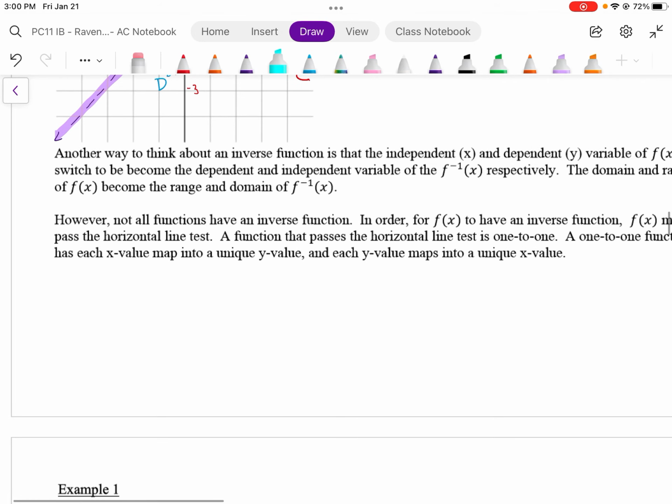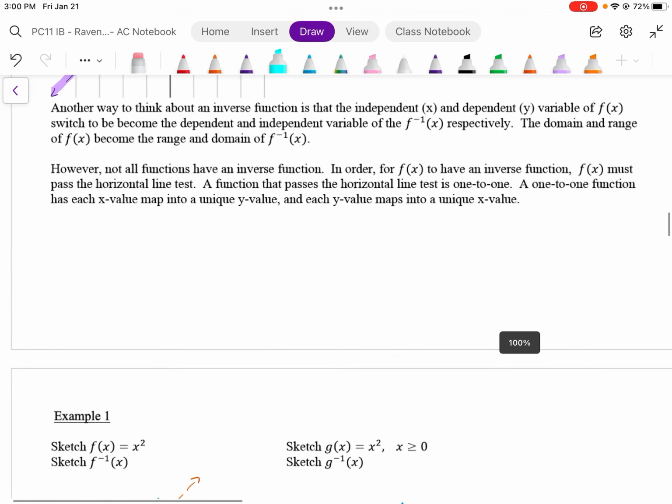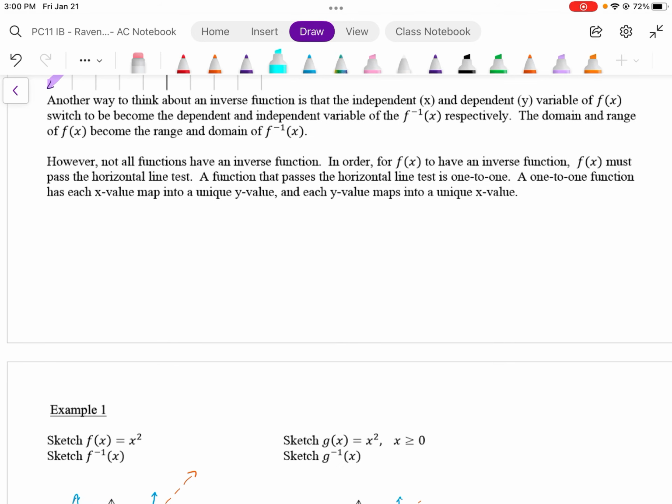So building on that, we're just going to switch the x's and y's. Let's consider the following. Another way to think about an inverse function is that the independent x and the dependent y of f of x switch to become the dependent and independent of the inverse, respectively.